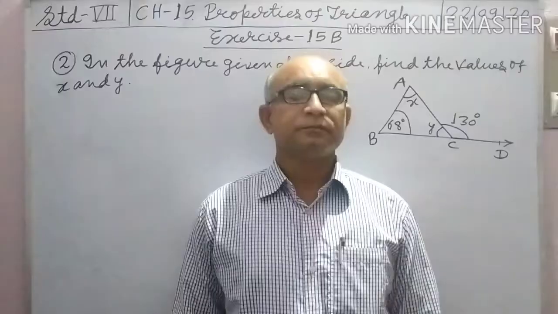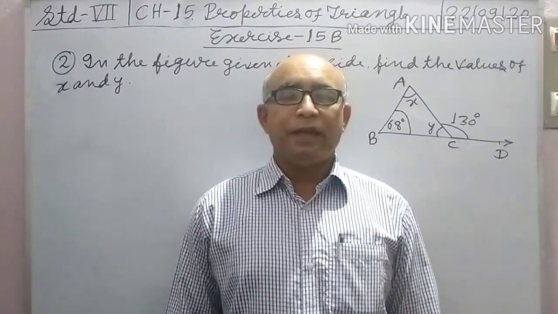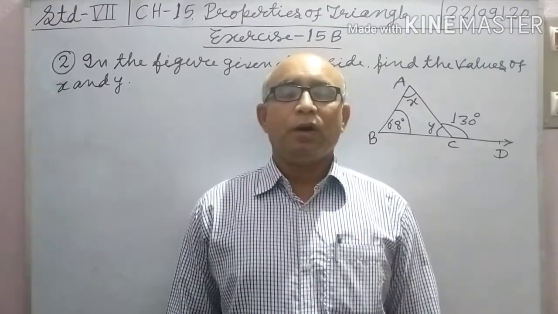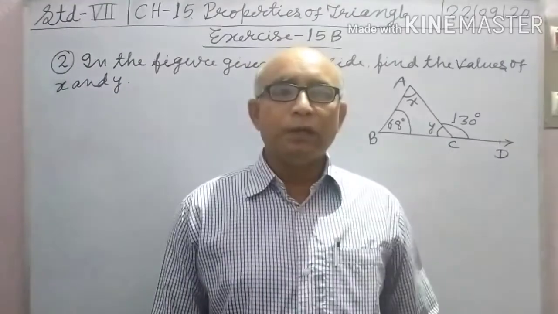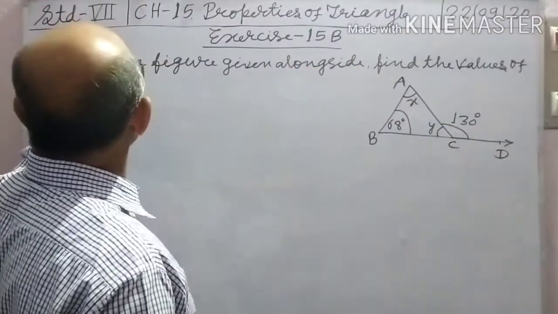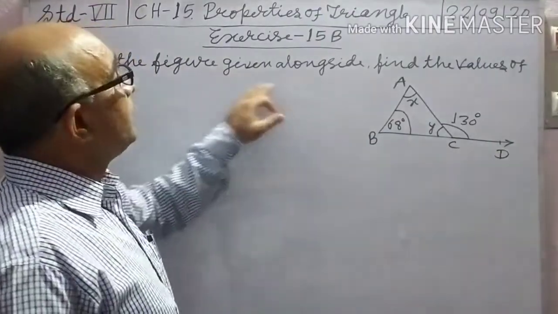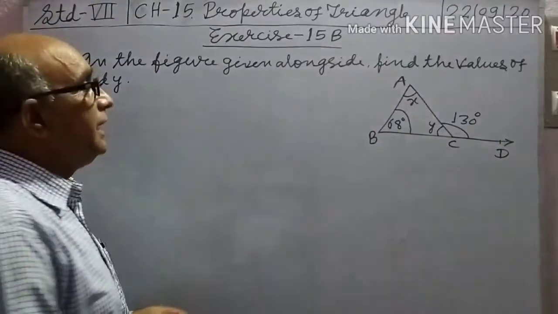Understand and write it. Students, now I shall solve exercise 15B of chapter 15, properties of triangles. Question number 2. In the figure given alongside, find the values of x and y.